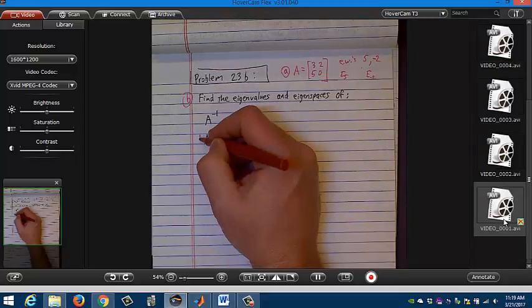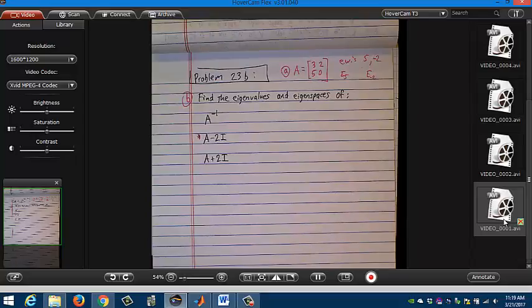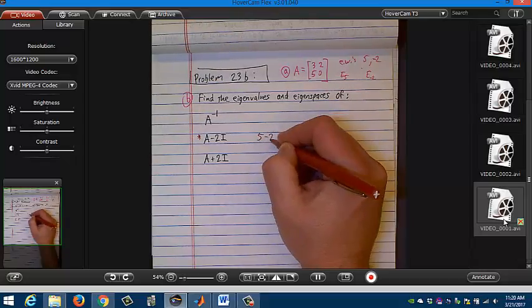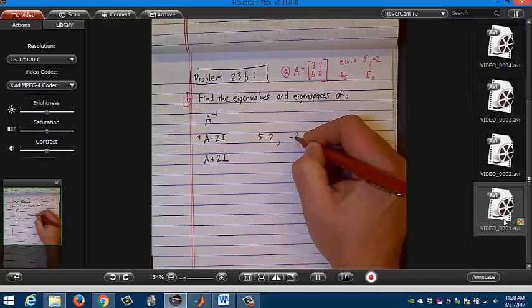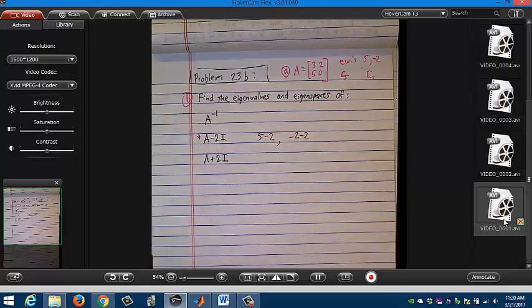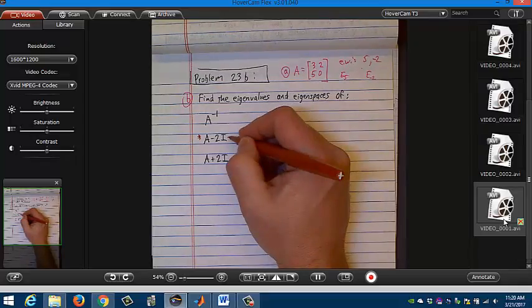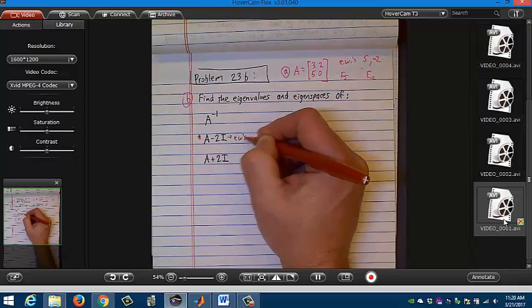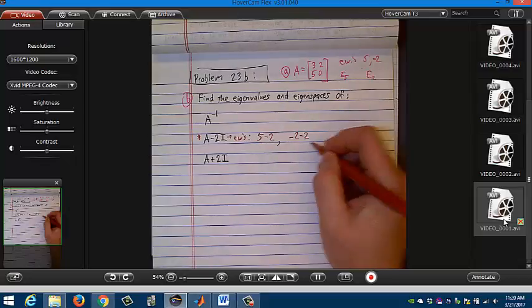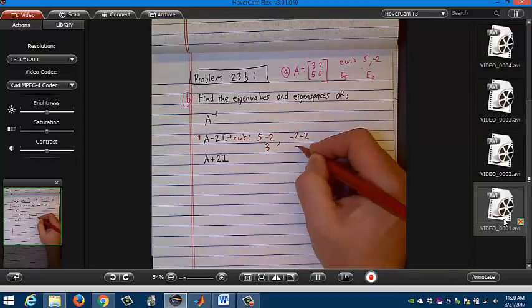A minus 2I, right? What are going to be the eigenvalues of A minus 2I? Well, they're going to be 5 minus 2 and negative 2 minus 2 by the theorem we just proved. Does that make sense? So I can say this has eigenvalues 3 and negative 4.